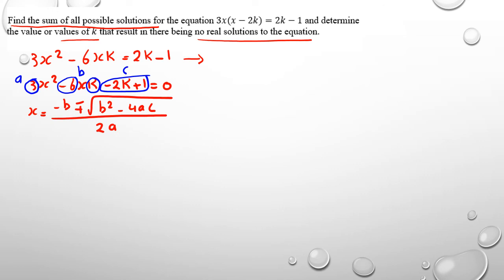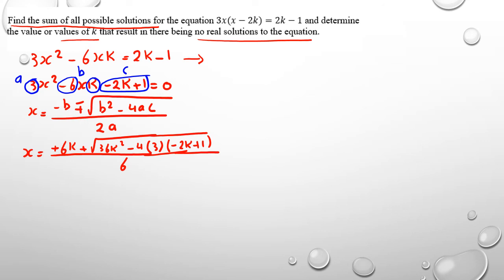So by substituting, I'll have my first root: negative 6k, so it becomes positive 6k, plus the square root, remember, b squared, which is 36k squared because it's 6k, minus 4 times a, which is 3, times c, over 2a, which is 6.